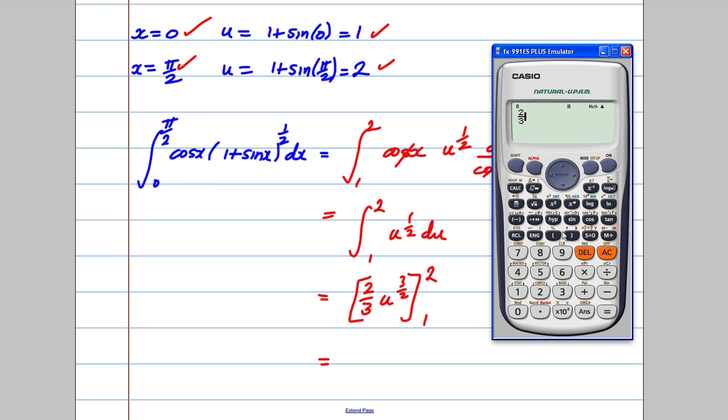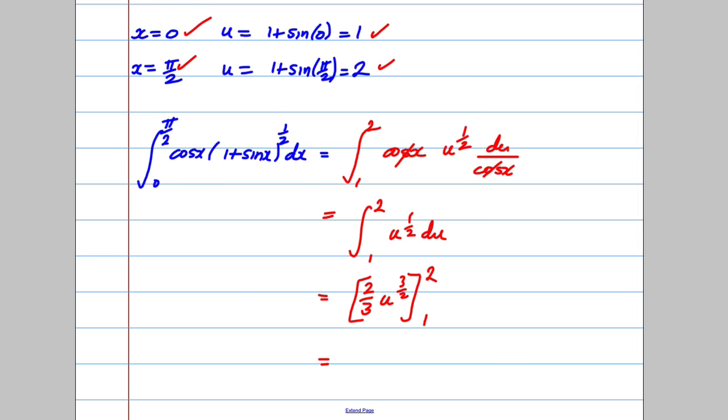Well, actually, it's giving me decimal answers here, so let's just work this out. I'm going to take the factor of 2/3 out, if you don't mind. It doesn't matter. u to the 3 over 2 between 2 and 1.